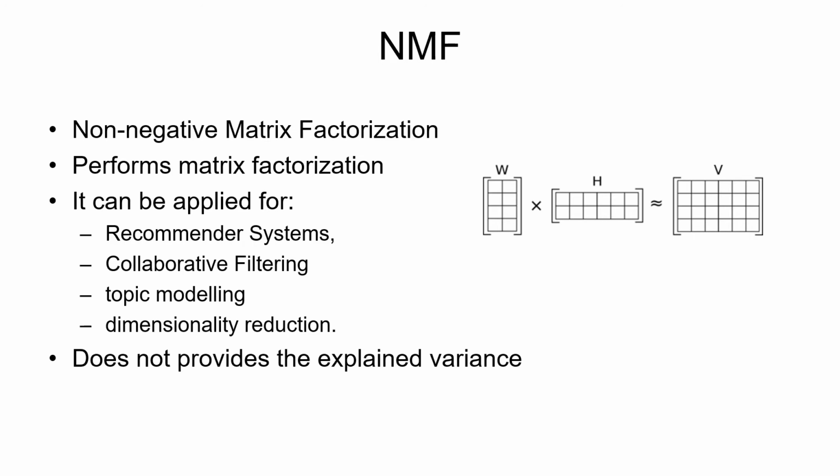NMF uses an iterative procedure to modify the initial values of W and H so that the product approaches matrix V. The procedure terminates when the approximation error converges or the specified number of iterations is reached.